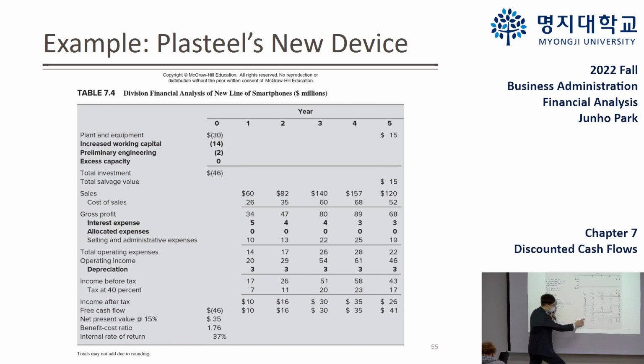And by combining these operating cash flows and the investment, we have the final cash flows from minus 46, 10, 16, 30, 35, and 41. And if we calculate the net present value with respect to the 15% discount rate for the 1, 2, 3, 4, 5, 6 cash flows, then we have the net present value at 35, which is positive.